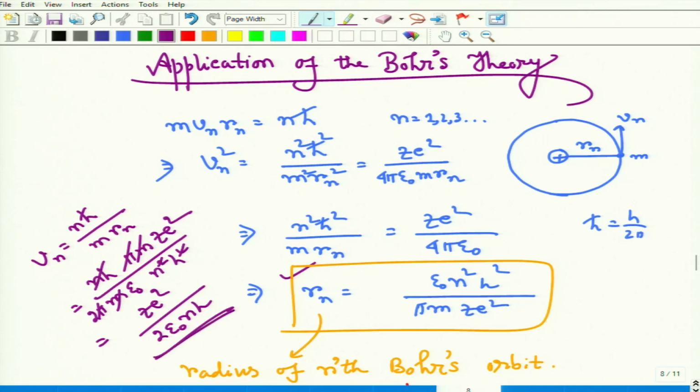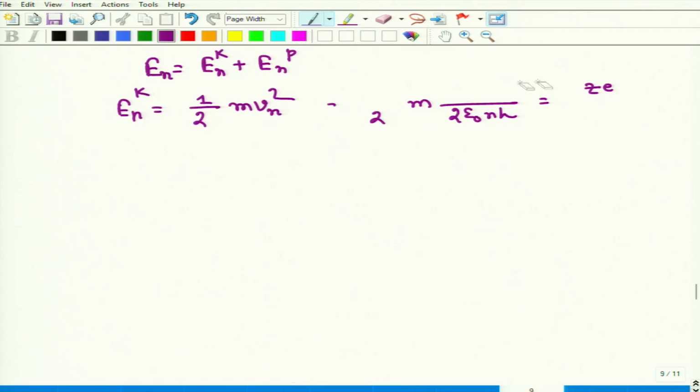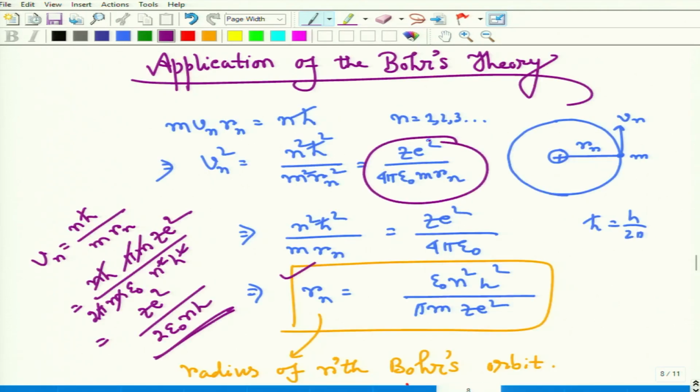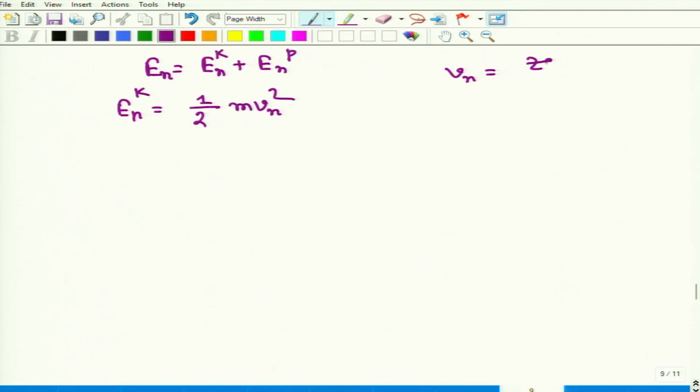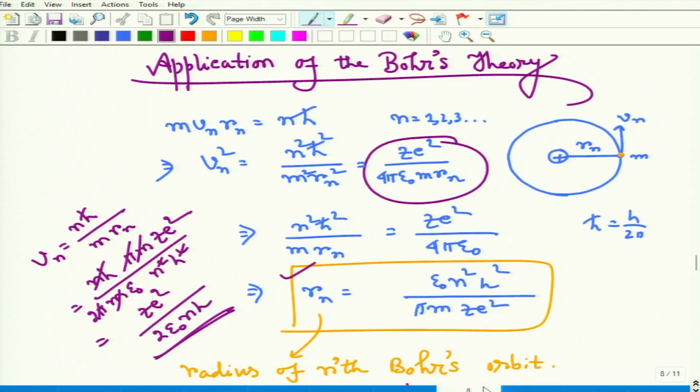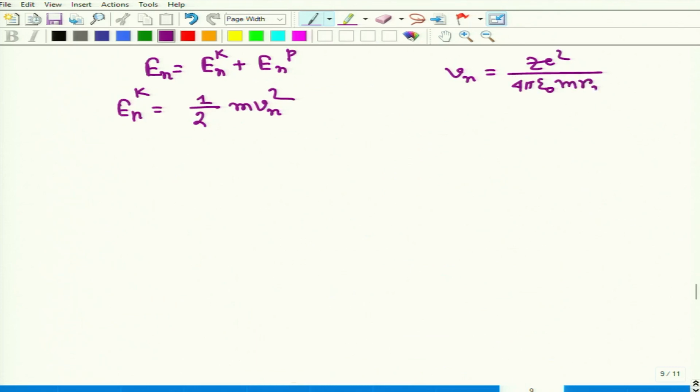This is also correct, it is not wrong, but we can also do it in the following way. We have the information of Vn, this equation we know, right? So we should use Z e² by 4π ε₀ m Rn. The ultimate result will be the same, there will be no change, but let me follow the standard procedure.